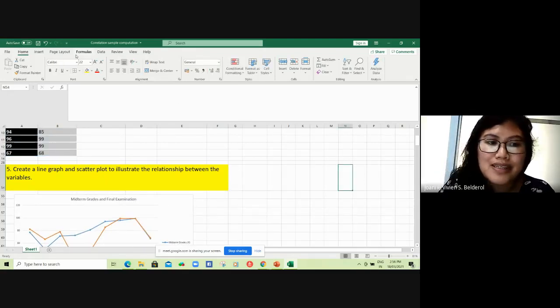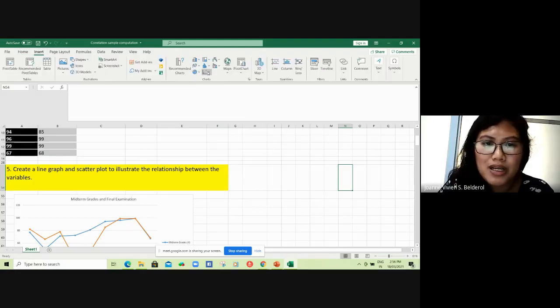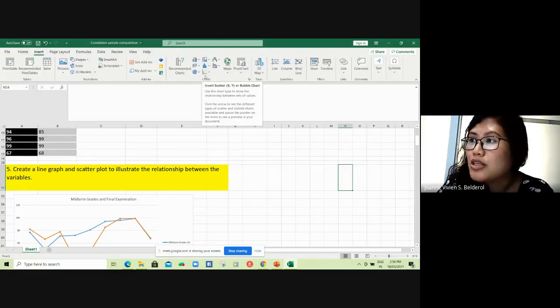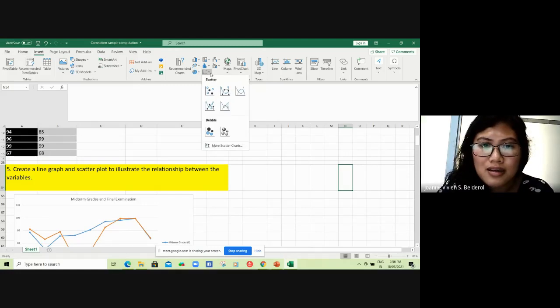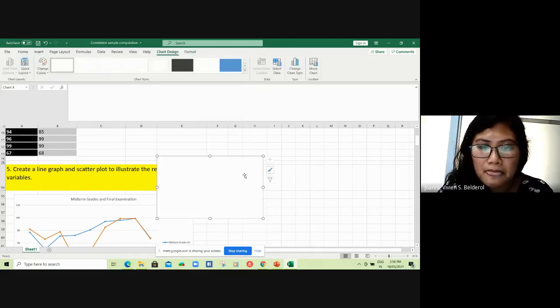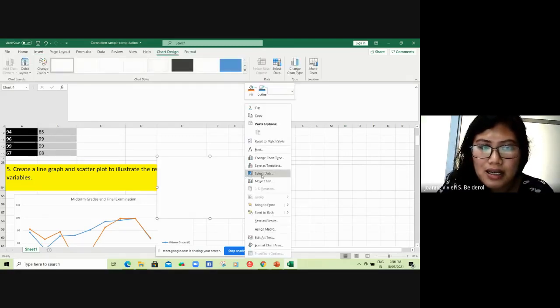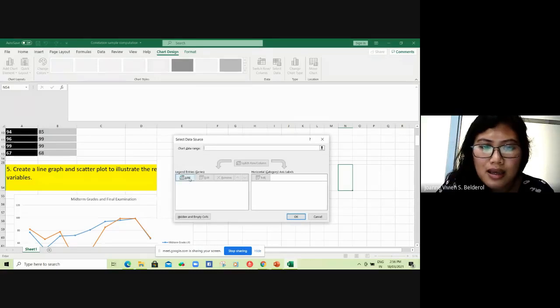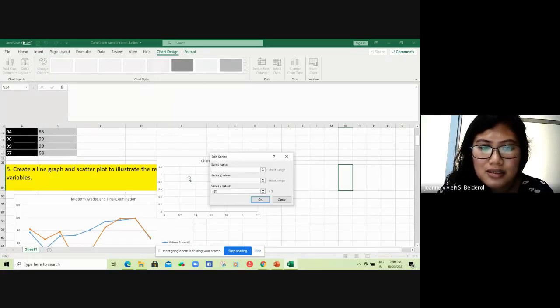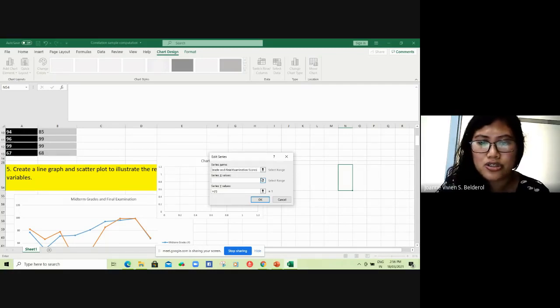Next, let's do a scatter plot. Same, insert. Then choose scatter plot. Select this one. Right-click, select data, add. The series name is still midterm grade and final examination scores.